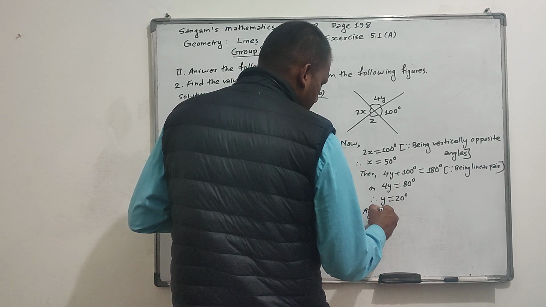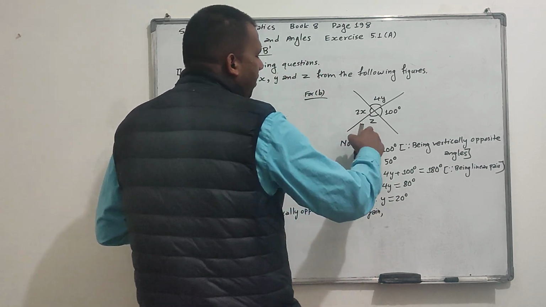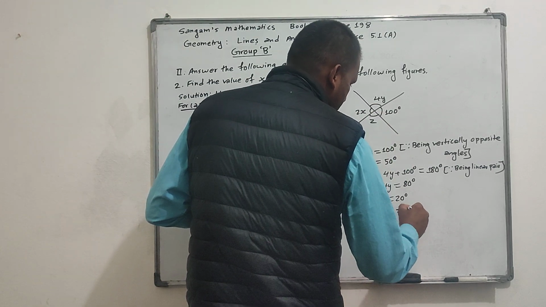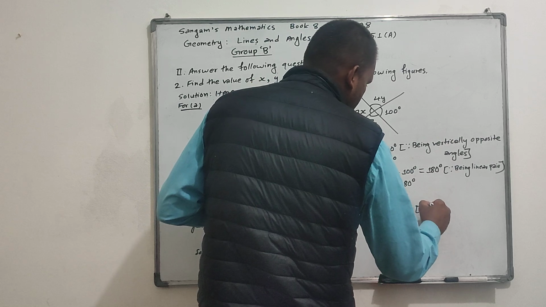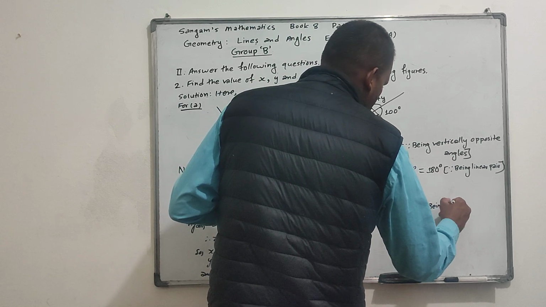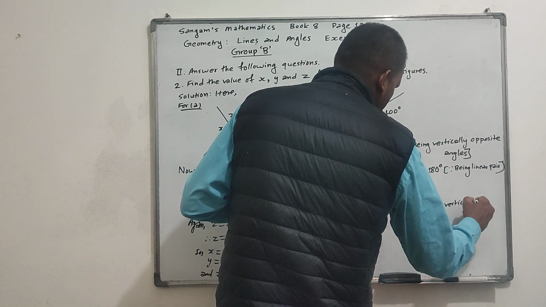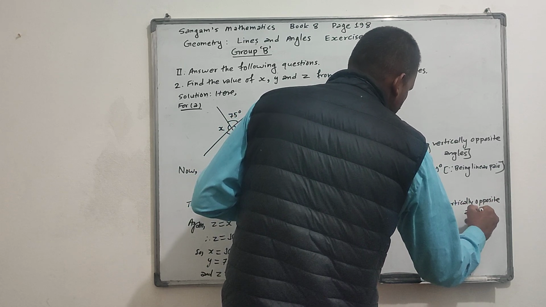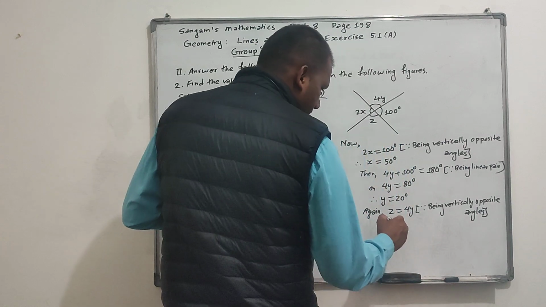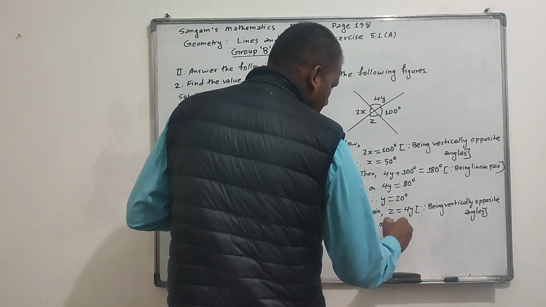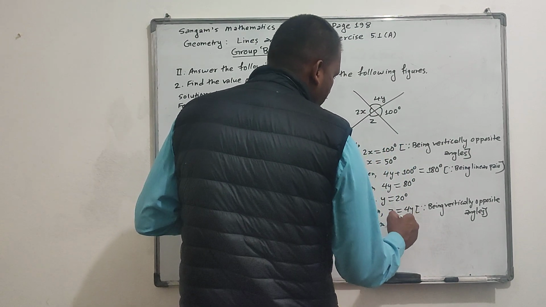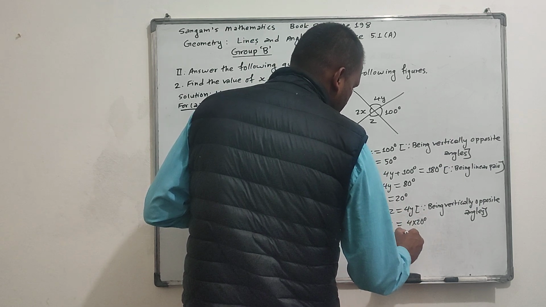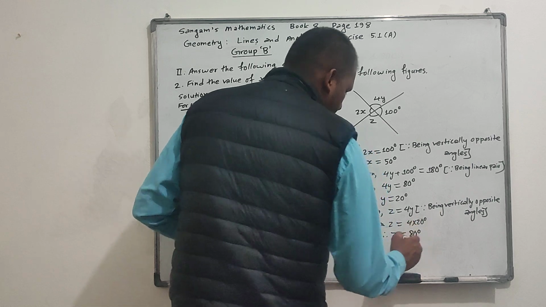Again z and 4y vertically opposite angles, so we can write z equal to 4y. Reason because being vertically opposite angles, or z equal to 4 times the value of y, 20. Therefore z equal to 80 degree.